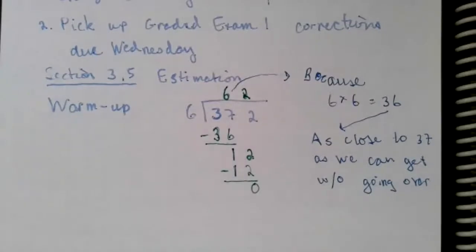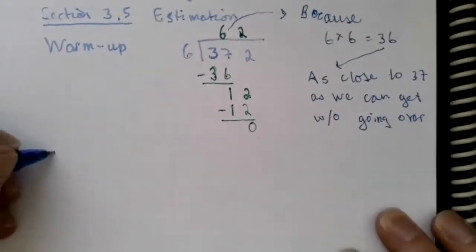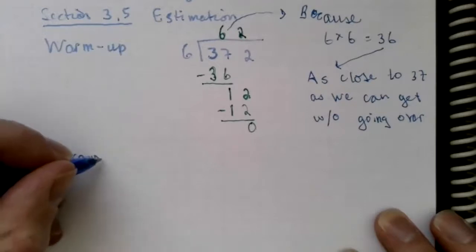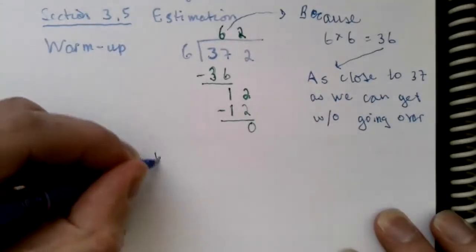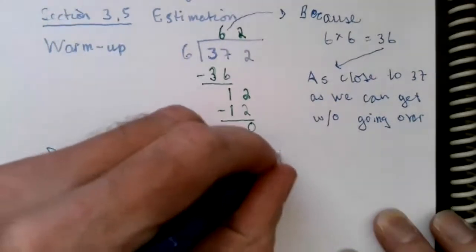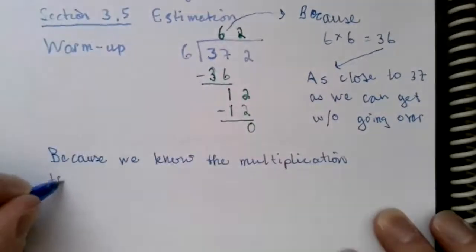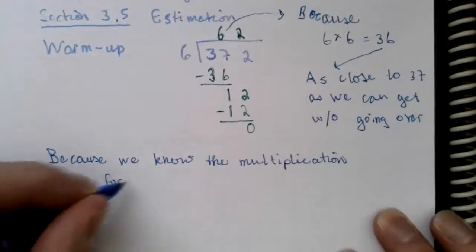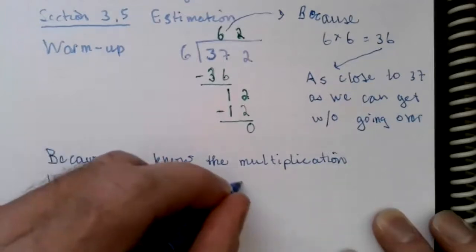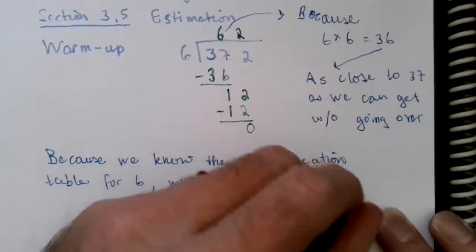Okay, so the idea is that because we know the multiplication table for 6, we can work this problem.